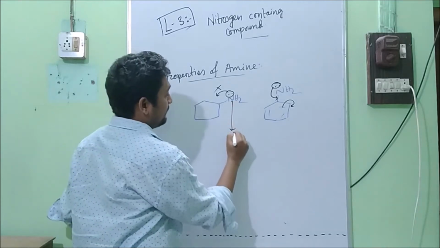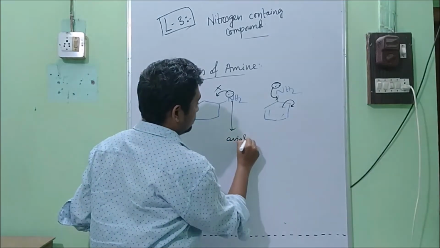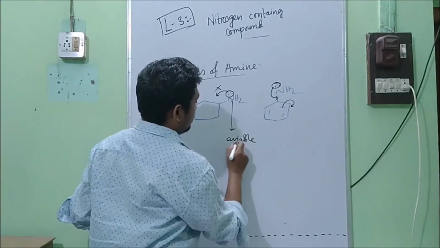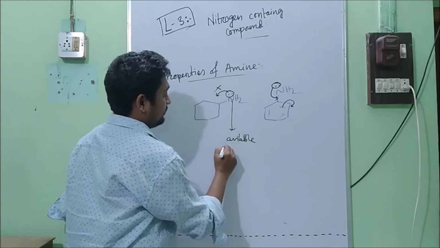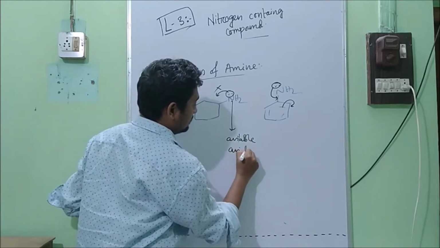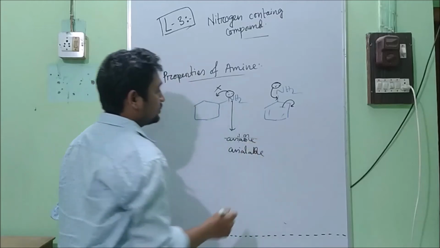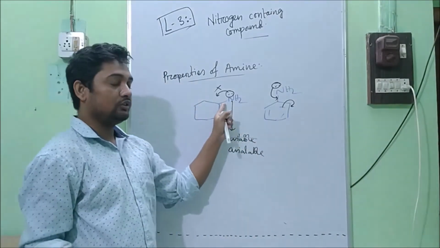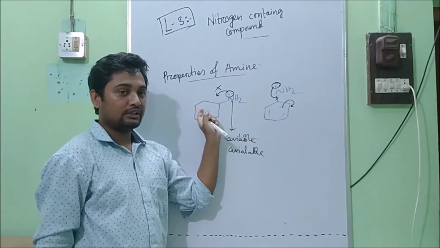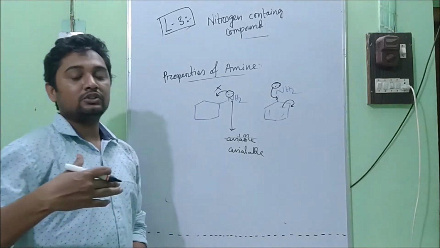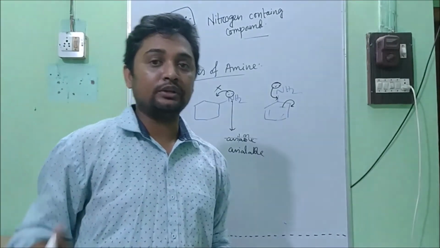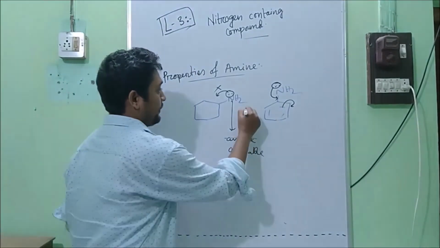So here the lone pair will be available because it will not participate in any kind of resonance. So more available, so it has a greater tendency to donate electrons, so its electron density will be more.